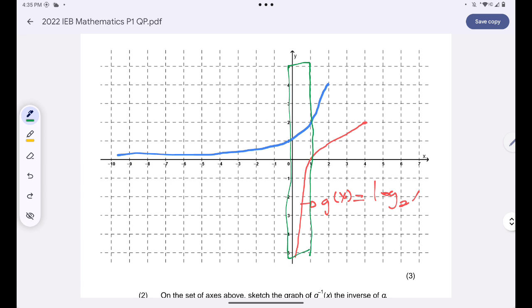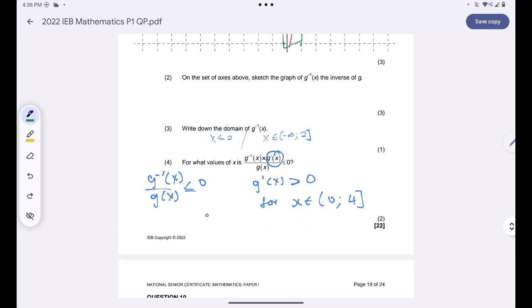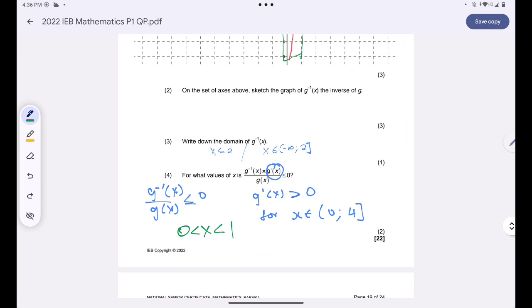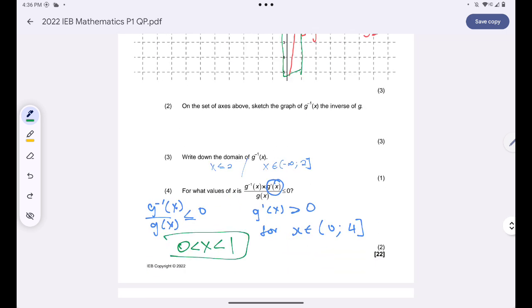So we can conclude that when x is between 0 and 1, our graphs have different signs. So the answer to that question is that when x is between 0 and 1, that's the final solution of this question.